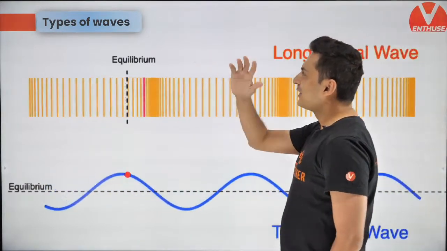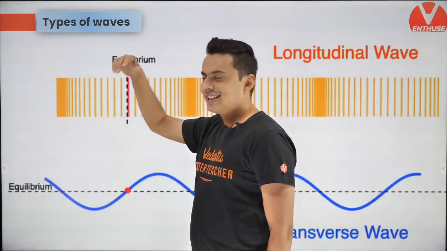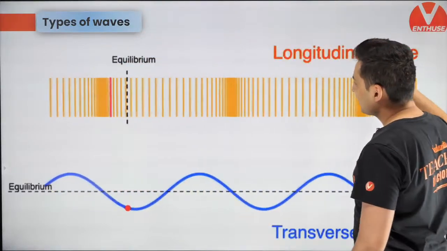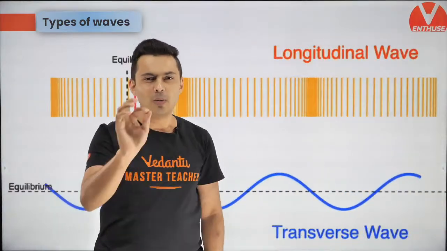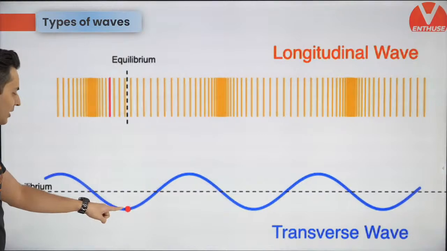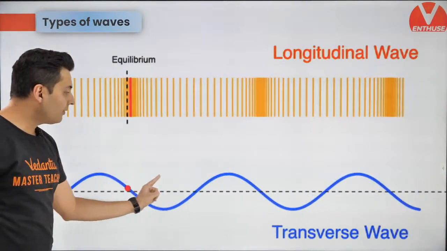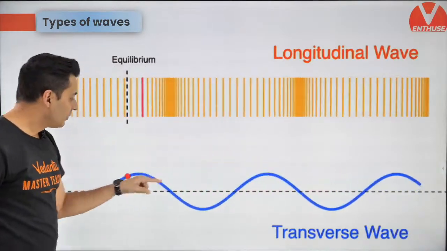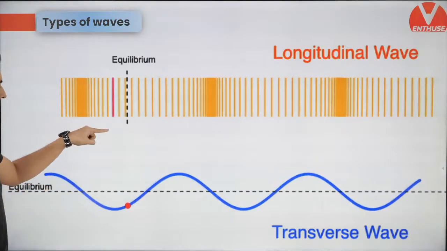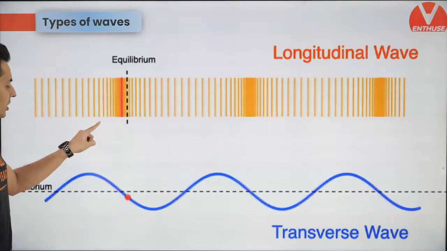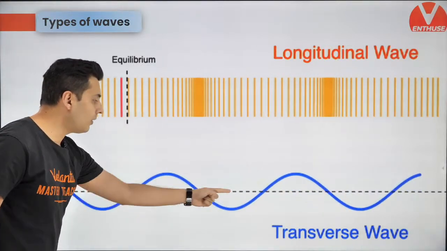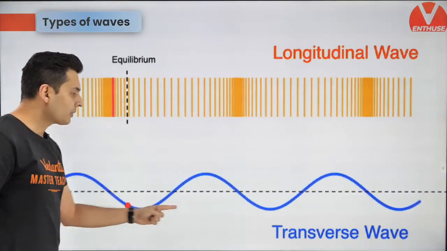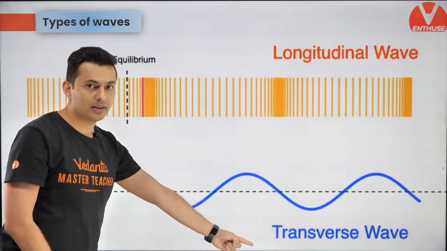Let's see. So the different types of waves, concentrate back guys. So different types of waves. One is longitudinal wave, second is transverse wave. Now observe this carefully. Look at this particle out here. The wave goes from one side to the other, but look at what the particle is doing. It's going up and down. The motion of a particle is perpendicular to the direction of propagation of the wave. That is called as the transverse wave.